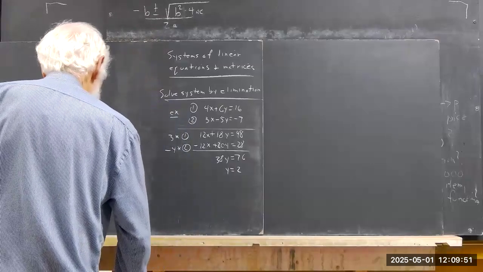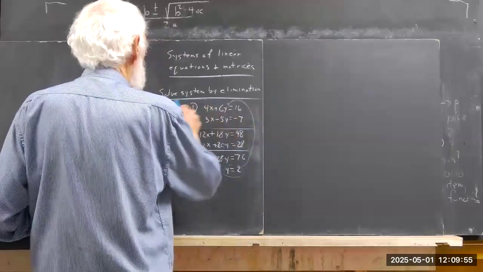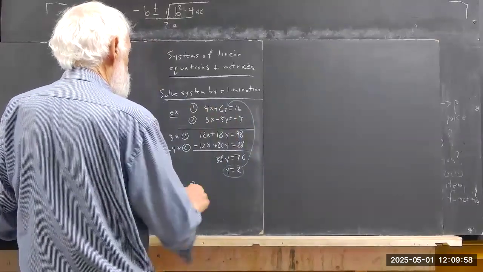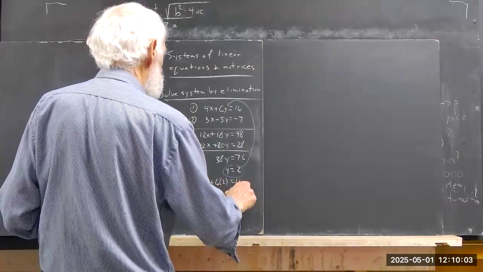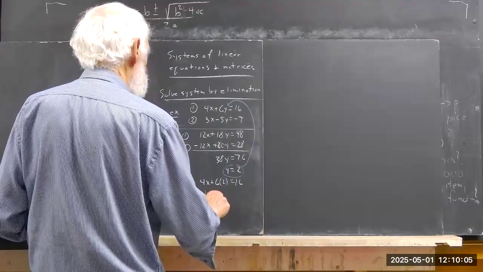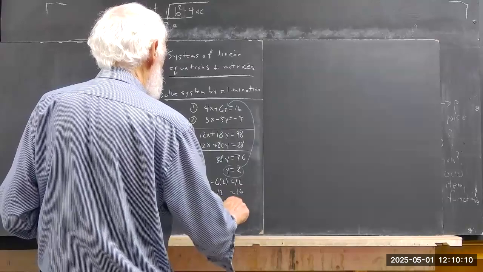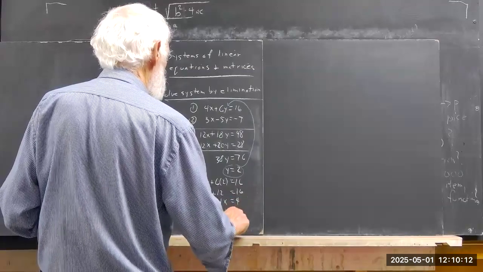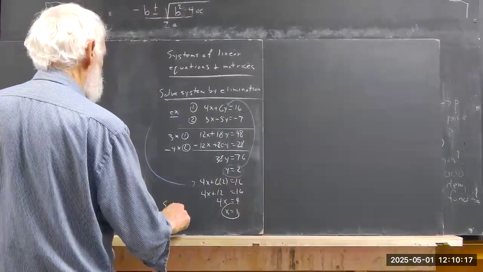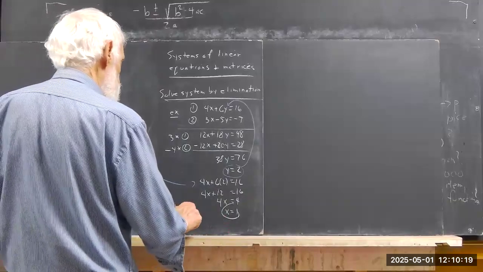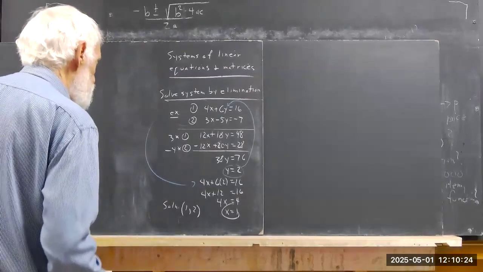And we plug y equals 2 in. We get 4x plus 6 times 2 equals 16. So your solution, Open Math has you express the solution as an ordered pair. It'd be (1, 2).